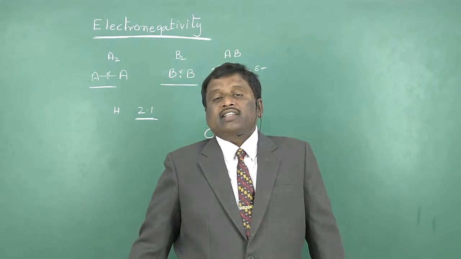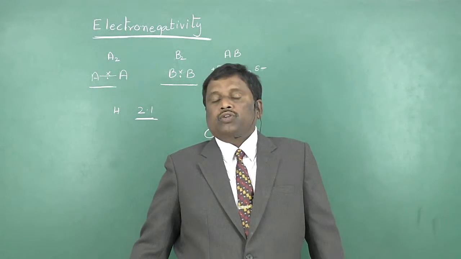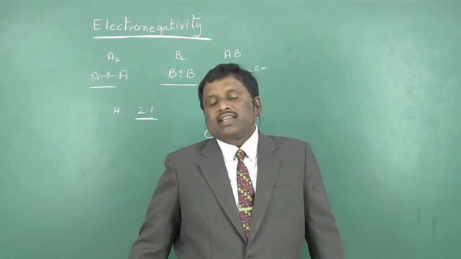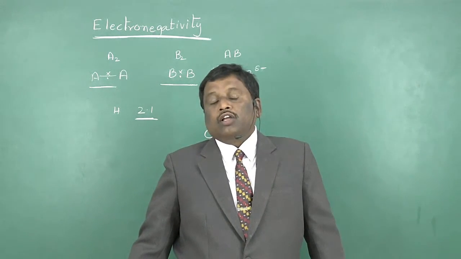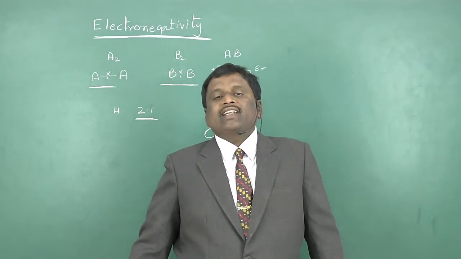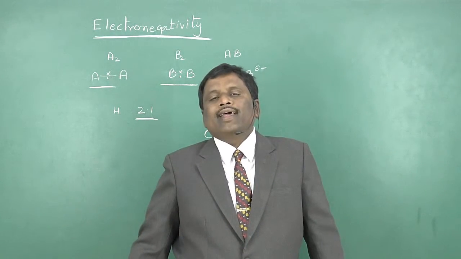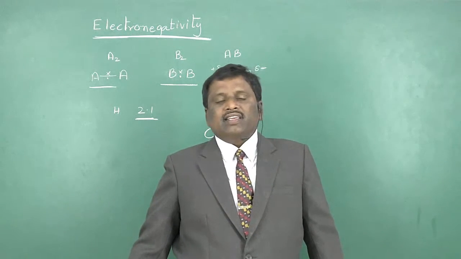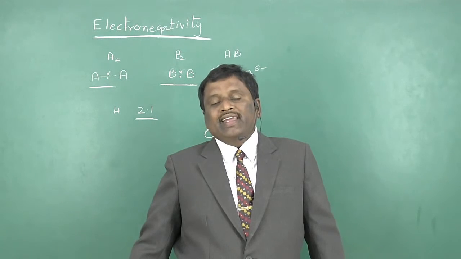Now, periodicity of electronegativity. In a period from left to right, as atomic number increases, electronegativity values also increase, because it is related to atomic size. The atoms which are smaller in size will have more electronegativity. As atomic size decreases, electronegativity values increase.